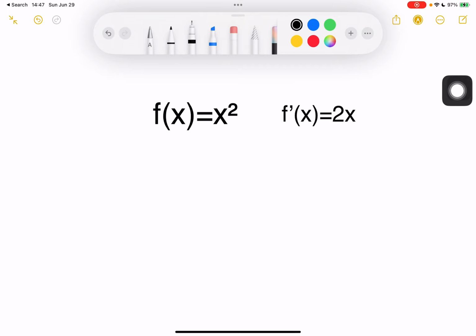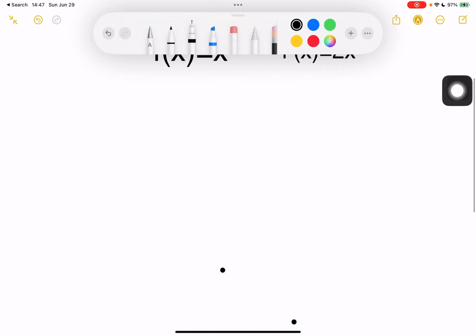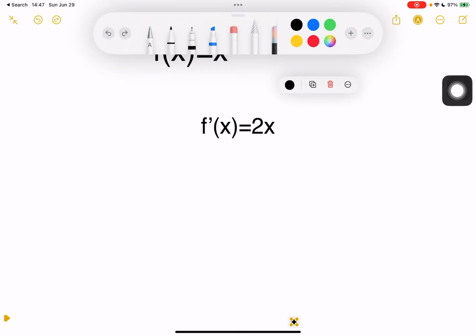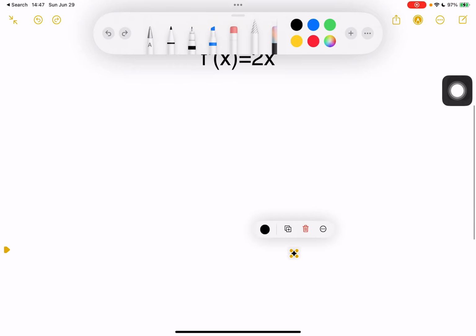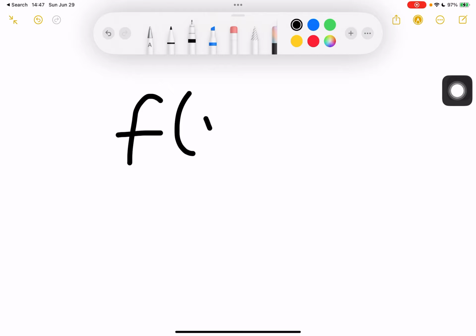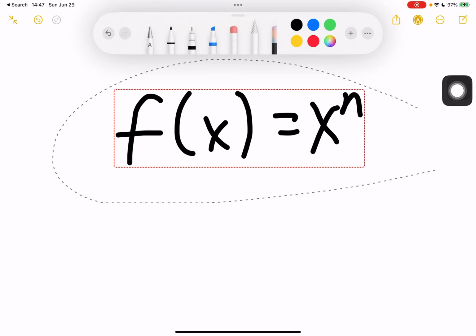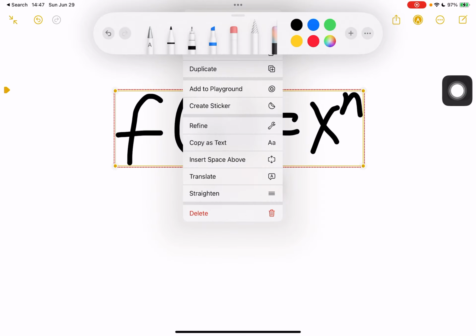Well, it's simple. Since f of x equals x to the power of n, right?